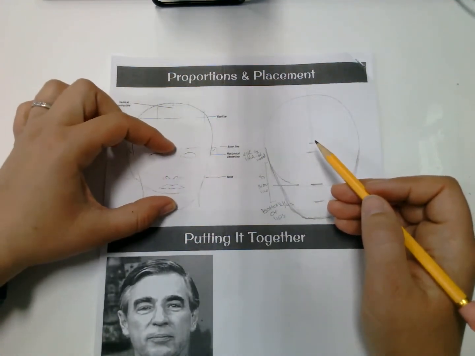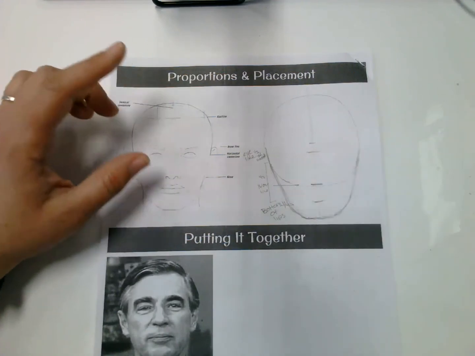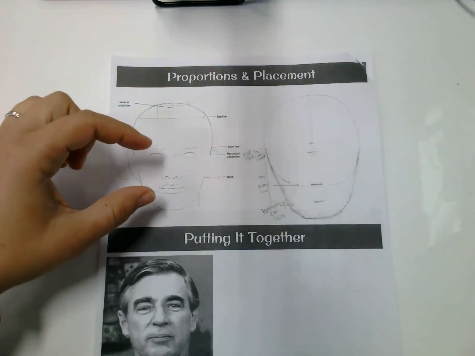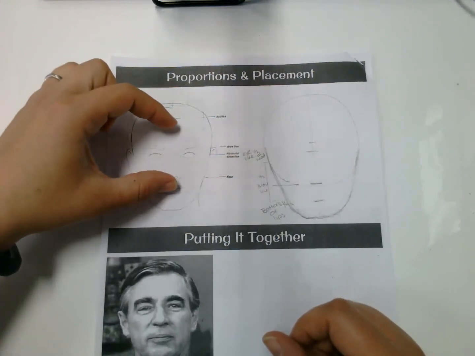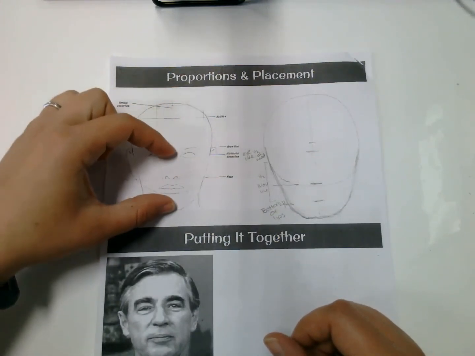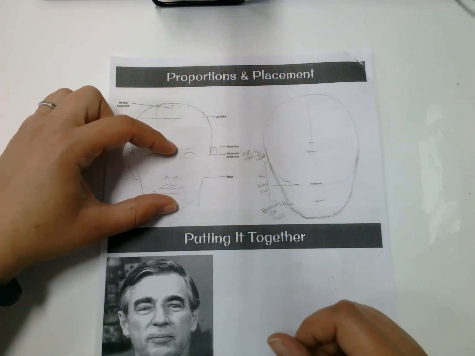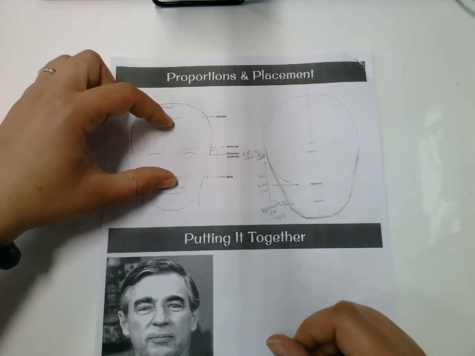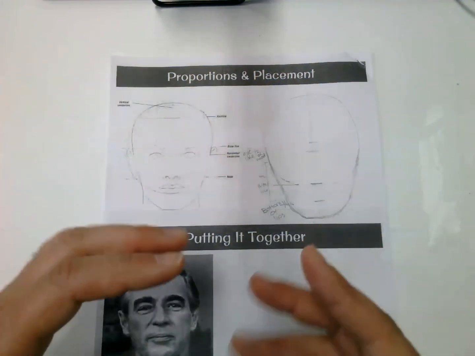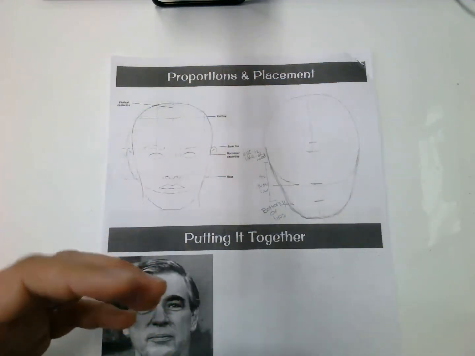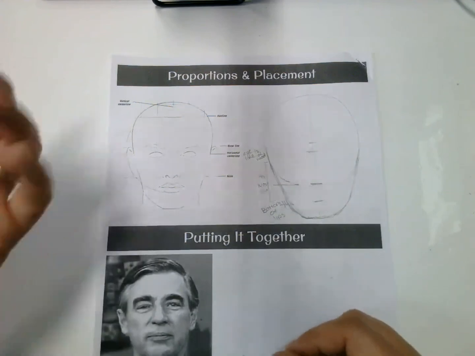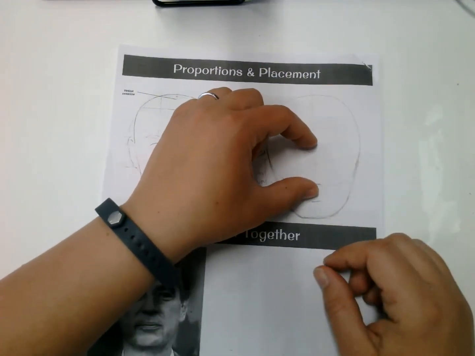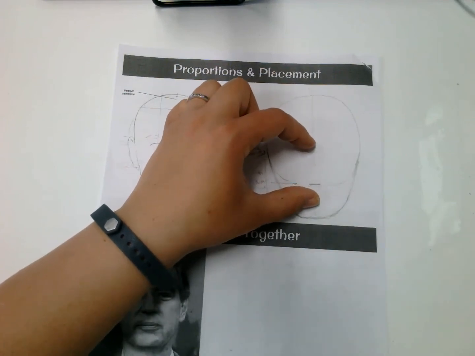I found that from the eyebrows to the chin, and then you go to the top of the lips, it gives you a general idea of where your hairline should be. So I put this line in, the bottom of the lips.